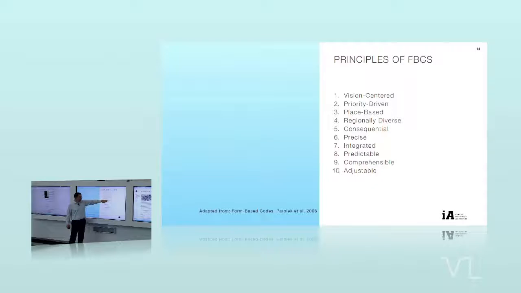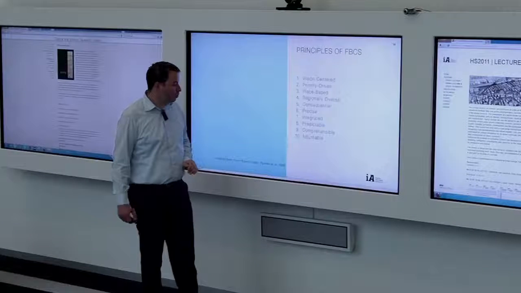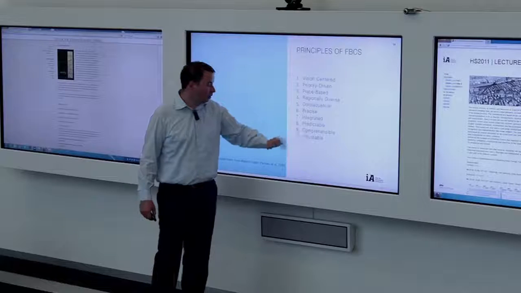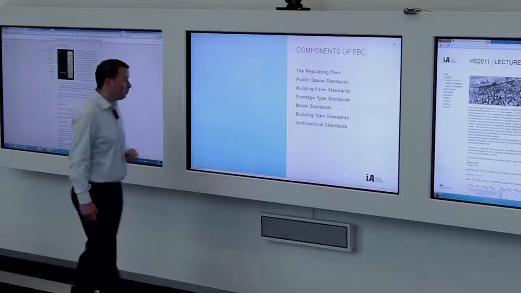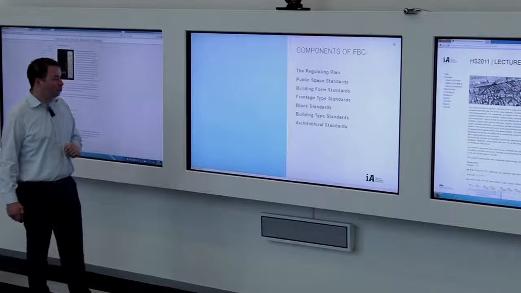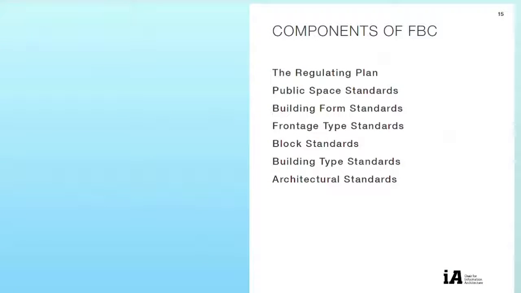It is place-based, and it should be adapted to the regional context. And now it's a marketing text here: consequential and precise, but really integrated, as I will show you, and predictable, and you can even adjust it and put it to the local context.